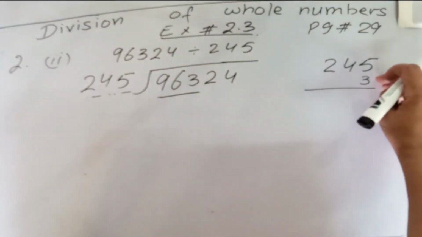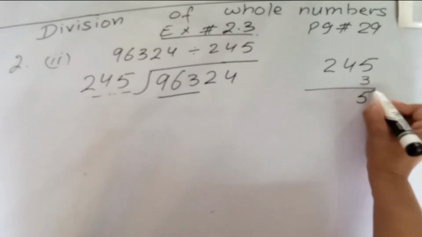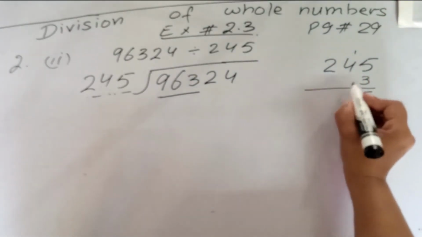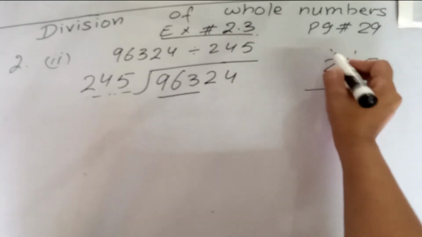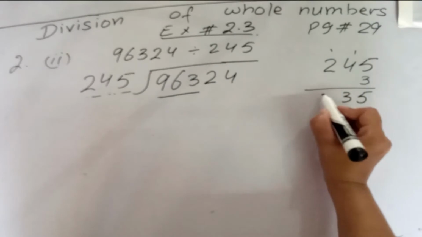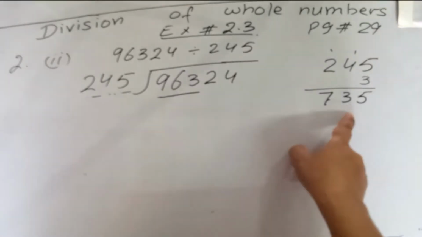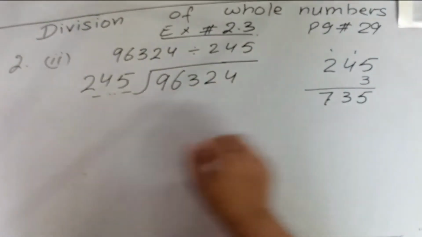So I will take the third value. 3 times 5 is 15, 1 carry, 3 times 4 is 12 and 1 is 13, 3 times 2 is 6 and 1 is 7. So I get 735. If I multiply it by 4, then the value will be bigger than 963. So I will take just this value.